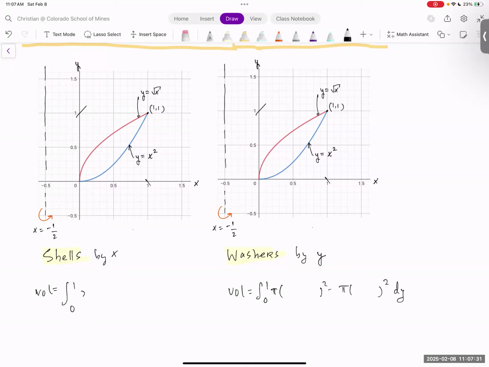We need 2 pi radius times height dx. All right, so height over here, vertical distance within your region by x, that's going to be top graph minus bottom graph. That's going to be root x minus x squared. Root x minus x squared.